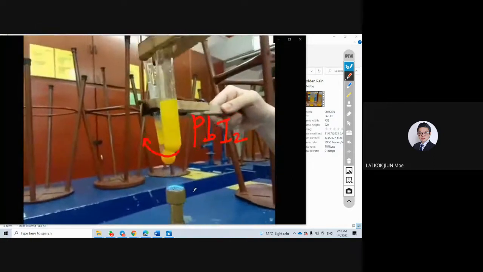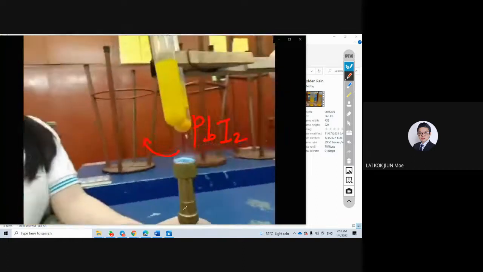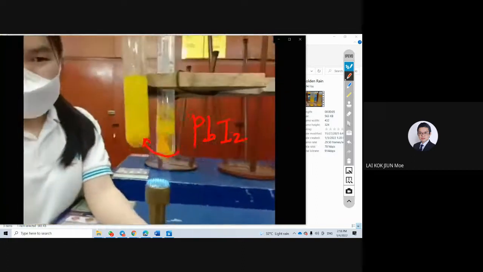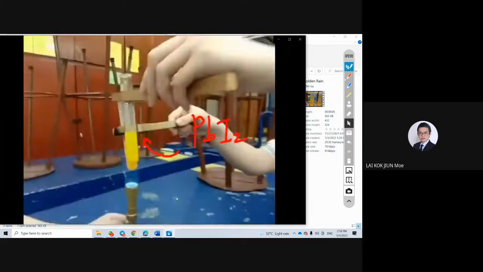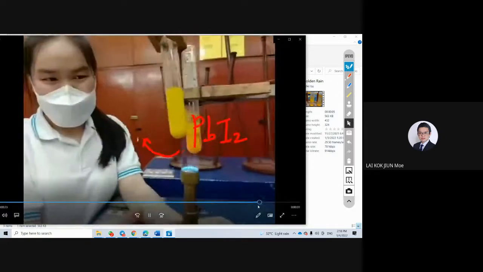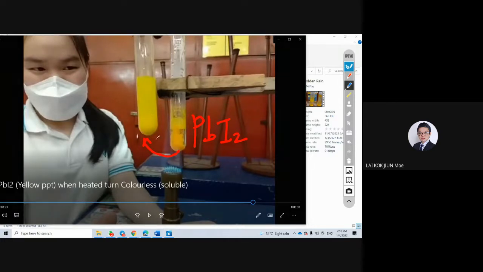When cold, it will form yellow precipitate. So you can see the difference. So this PbI2 is not soluble yet because it's still cold.